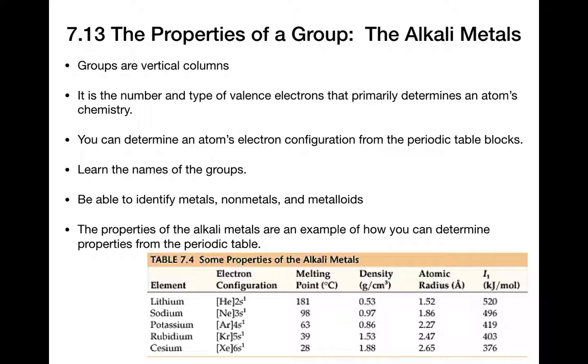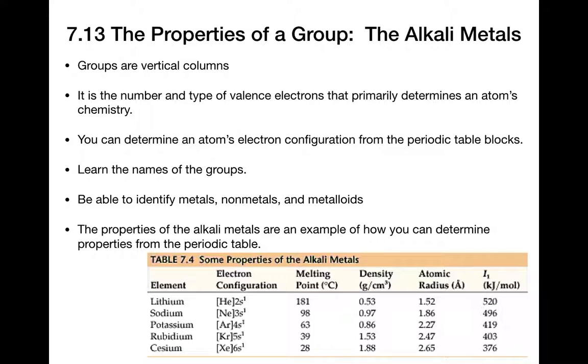The atomic radius from lithium to cesium changes by less than a factor of 2, which when you cube it would be a factor of 8. But cesium is a lot more than 8 times the mass of lithium. Lithium's mass is around 7, and 8 times 7 is 56, and cesium is heavier than 56. So the mass grows at a faster rate than the radius does.